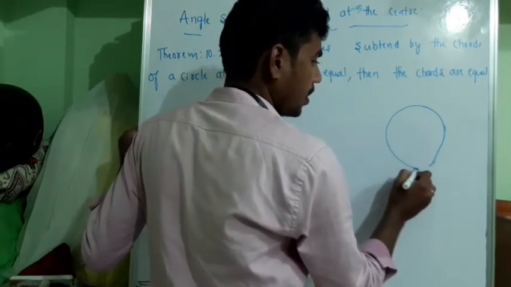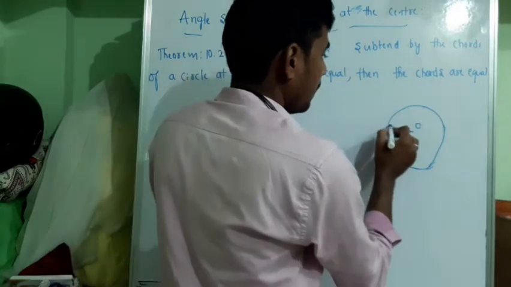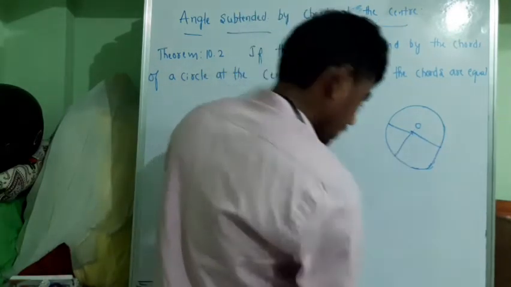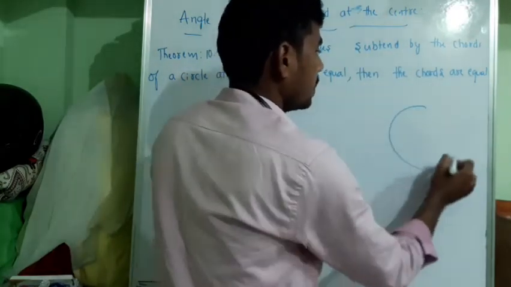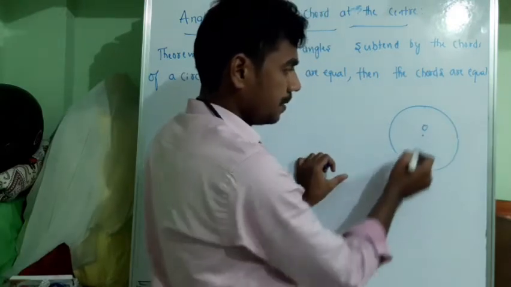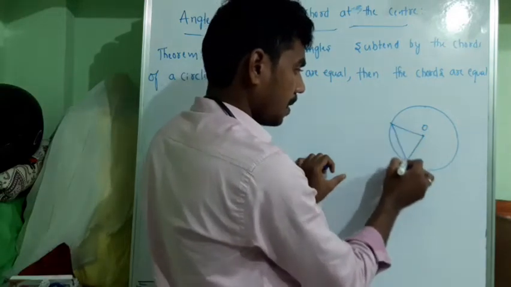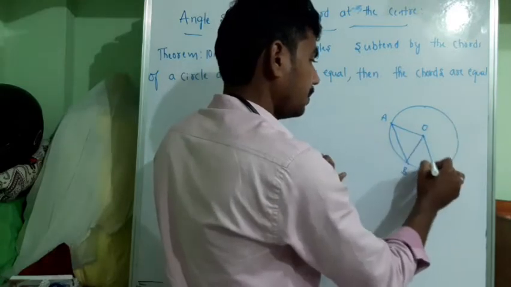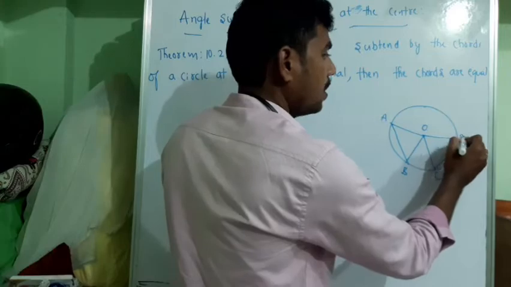In the circle, let O be the center, AB is one chord and CD is the other chord.